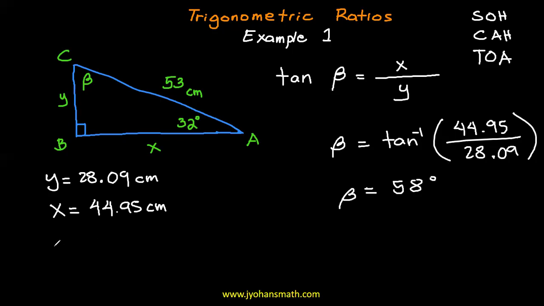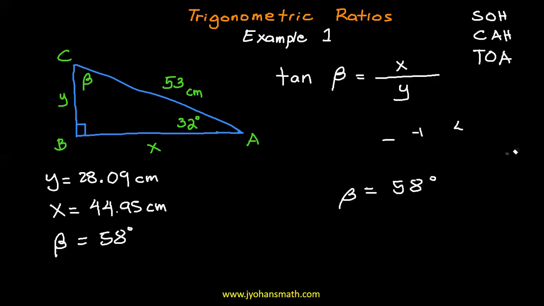And there you go. We have y is equal to 28.09 centimeters, x is equal to 44.95 centimeters, and beta is equal to 58 degrees.